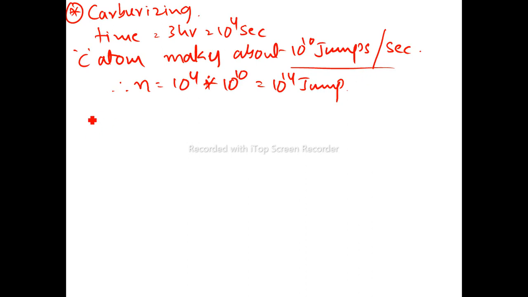If we consider lambda equal to 0.1, the jump length is 0.1 nanometer, that is 10 to the power of minus 10 meter. So if you just consider the normal average net displacement, then we have 10 to the power of 14 into 10 to the power of minus 10, that is n lambda.